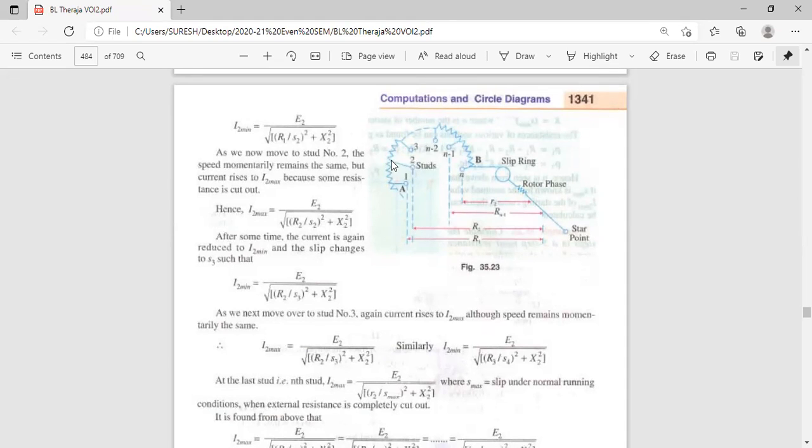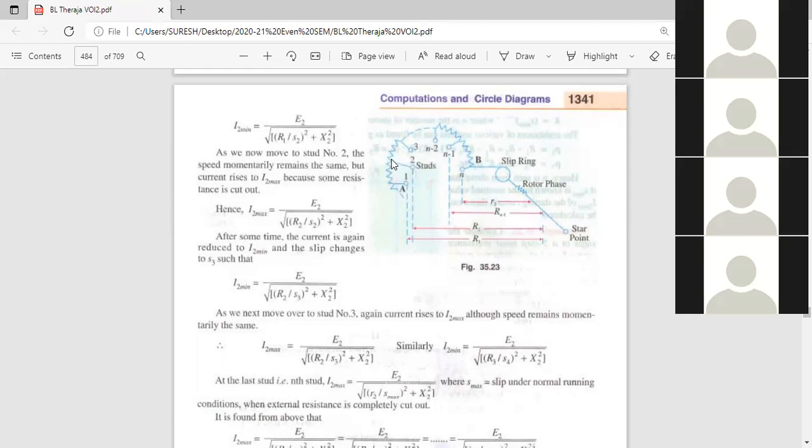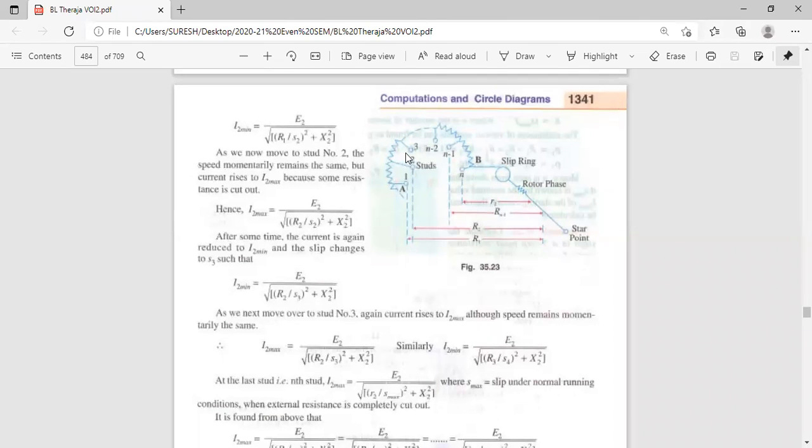The leaving point is the minimum point. Suppose you change the switch from 1 to 2, what is the entering point? 2. Where is the maximum current now? At 2. Where is the minimum current? At 3, the leaving point.